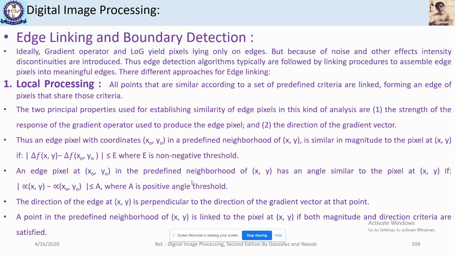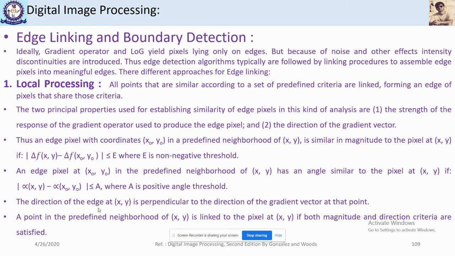So the direction of the gradient vector we find by the angle of the gradient, and the strength of the response of the gradient operator we find by the gradient at that particular pixel. If these two conditions are satisfied, then we say that the pixel at x0 y0 is similar to xy. So this is done in local processing.